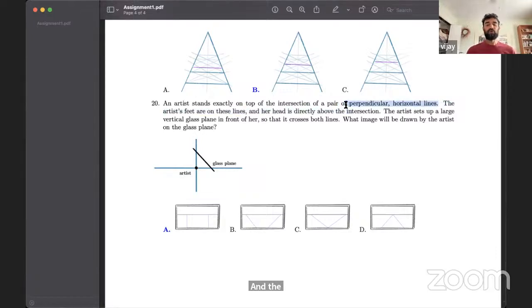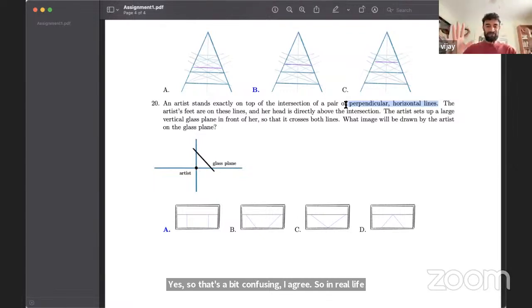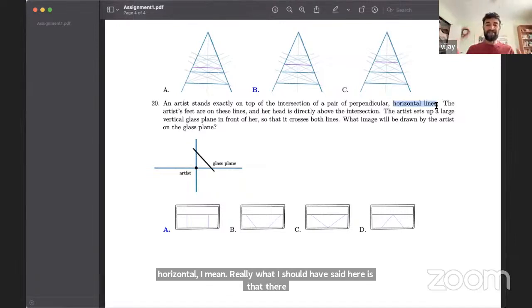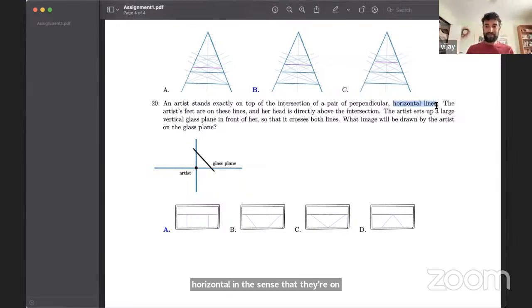I agree. So in real life, this artist is standing somewhere. By horizontal, what I should have said is that they're horizontal in the sense that they're on the ground. She is standing on a flat plane, on flat ground, which is horizontal.